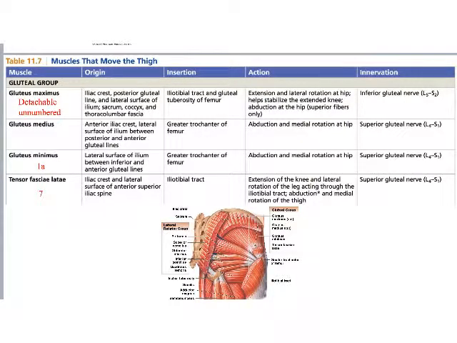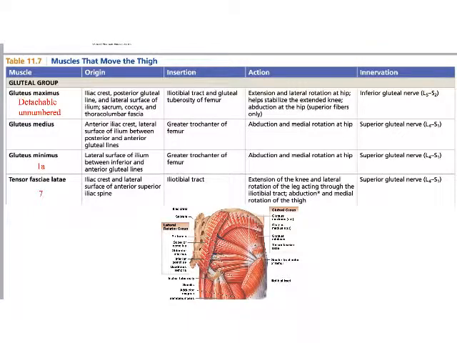So as we look at the gluteus muscles, we can see what their function is. You see here on the table that you're now familiar with seeing. So you can look at the origins and the insertions of the muscles, and then determine what their actions are. So if we look at gluteus maximus, because it's such a large muscle, it does have several functions.